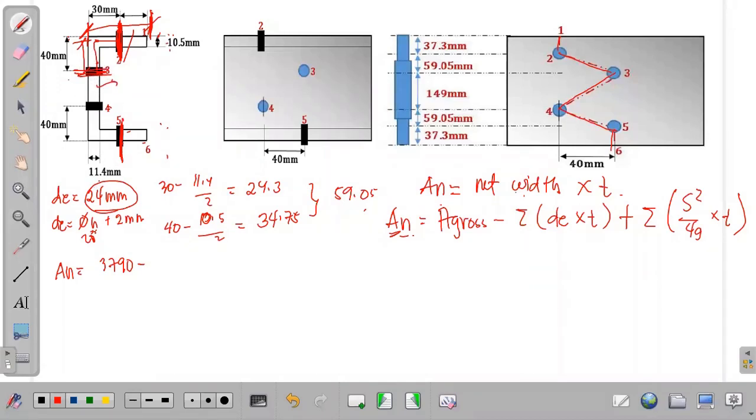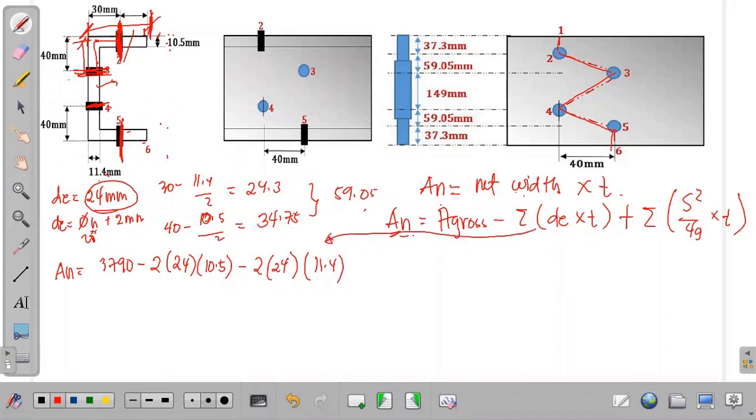So, dalawa ding bolt ang nasa 11.4. Okay? So, yung summation of DE times T, so dalawa, DE 24 times T, dalawa sa may flange, 10.5 yung thickness ng flange, dalawa din sa may web. So, yung DE 24 times yung thickness ng web, 11.4.